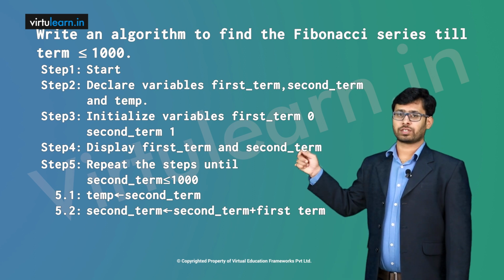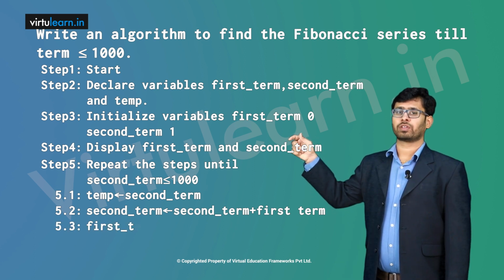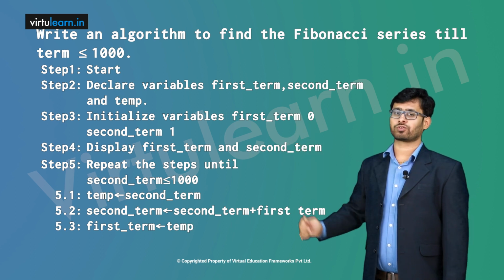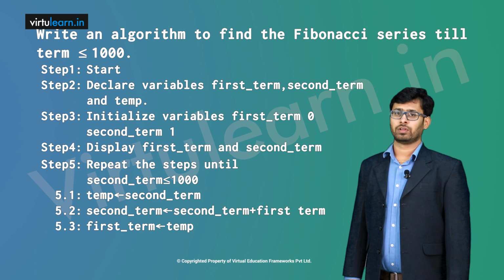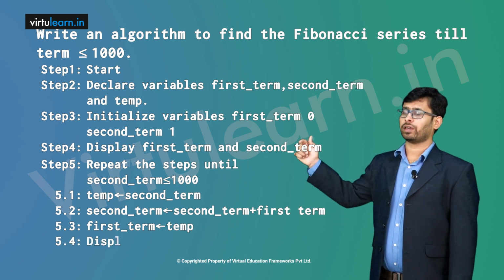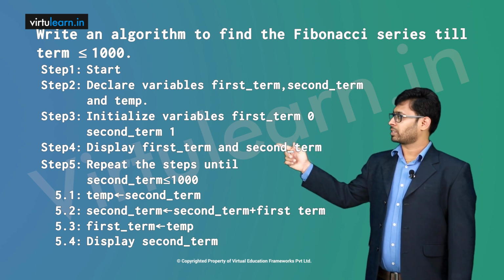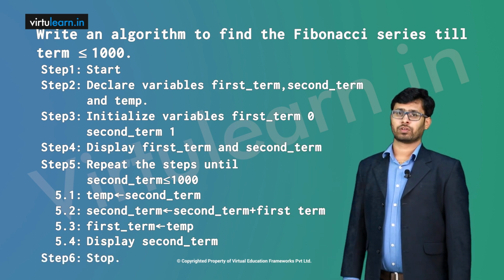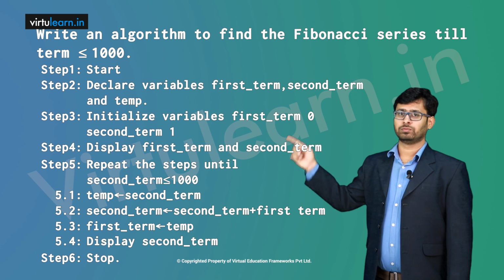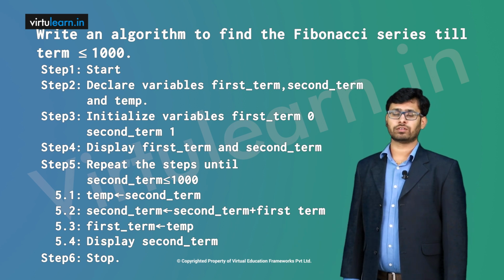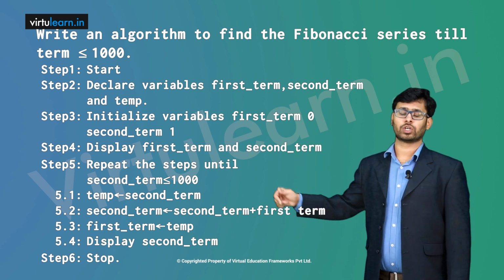Next, the first term is assigned the temp value we stored from the second term. And then we display the second term. Last step, step 6, is stop. So this is an algorithm to find the Fibonacci series till the term is less than or equal to 1000.